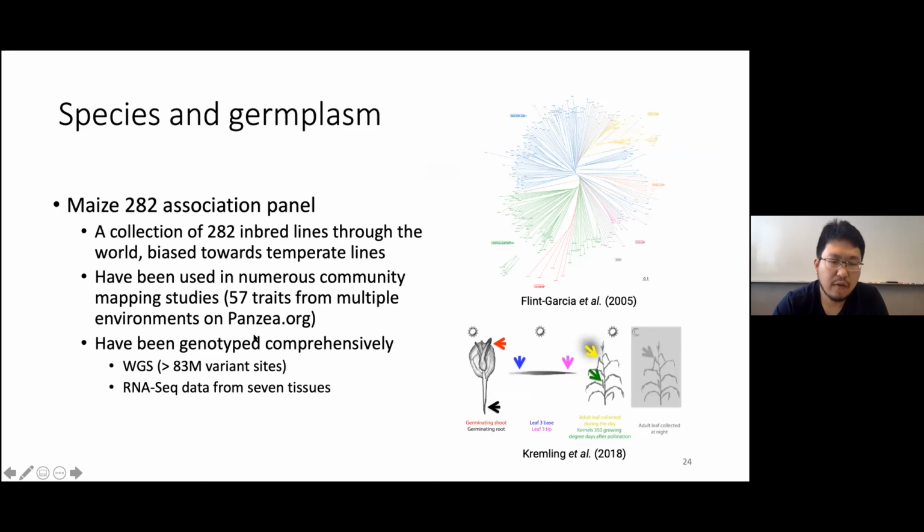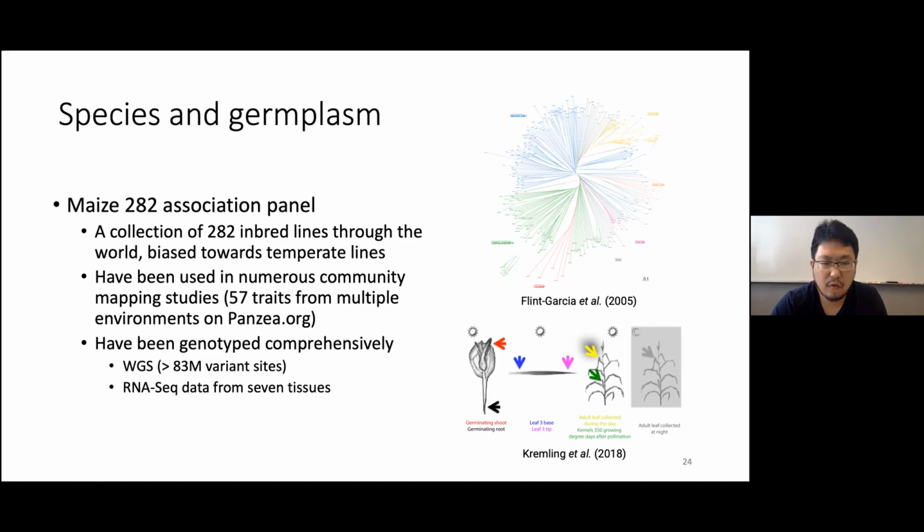On one website, Panzea, it has 57 traits for multiple environments. So this is a very valuable resource if you want to start your own experiment. And this panel has been genotyped comprehensively. All of the lines in this panel have been genotyped with whole genome sequencing, which has more than 83 million variants.